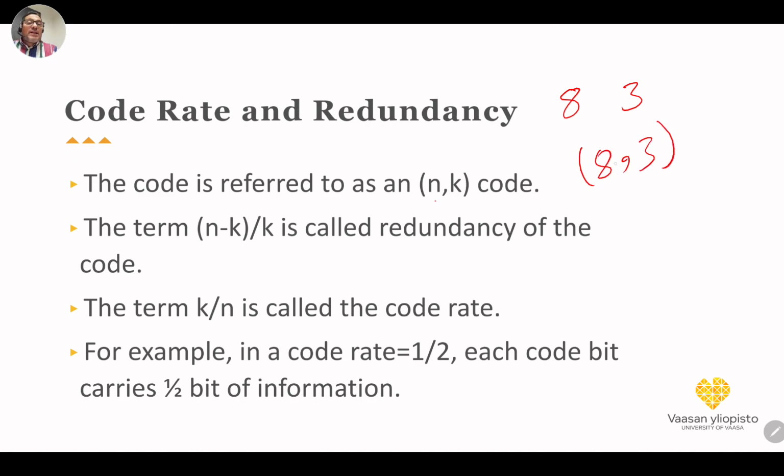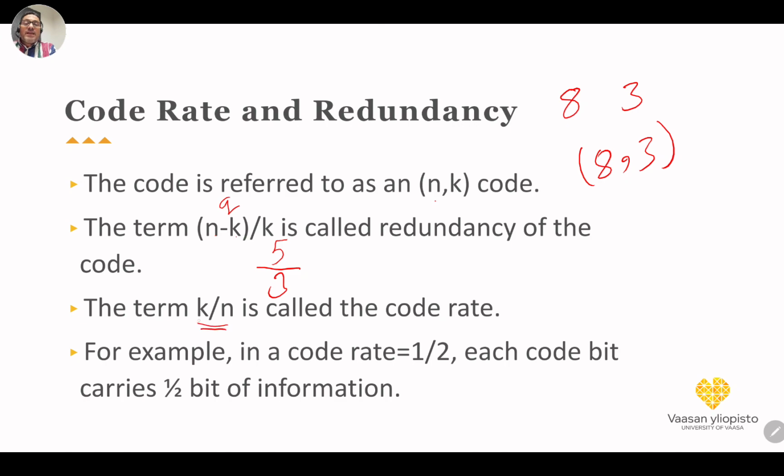The redundant bits are 8 minus 3, which is 5 bits. The redundancy of this code is n minus k, which we usually call q, the number of redundant bits, 5, divided by k. K is 3. So 5 over 3 is called the redundancy of the code.